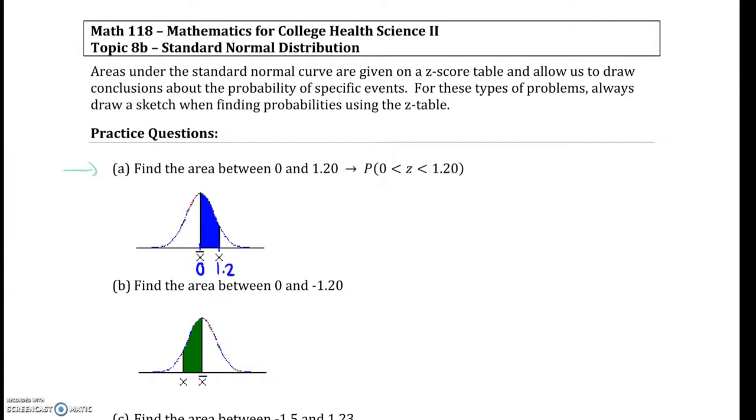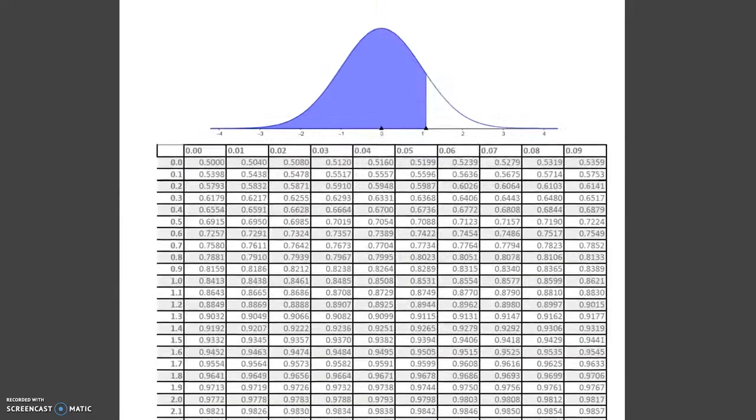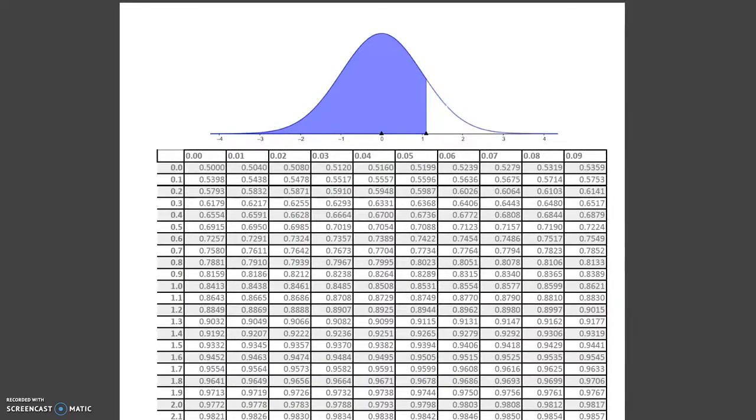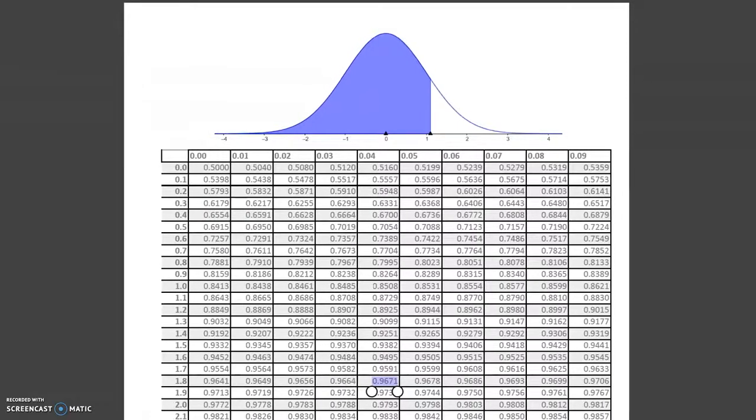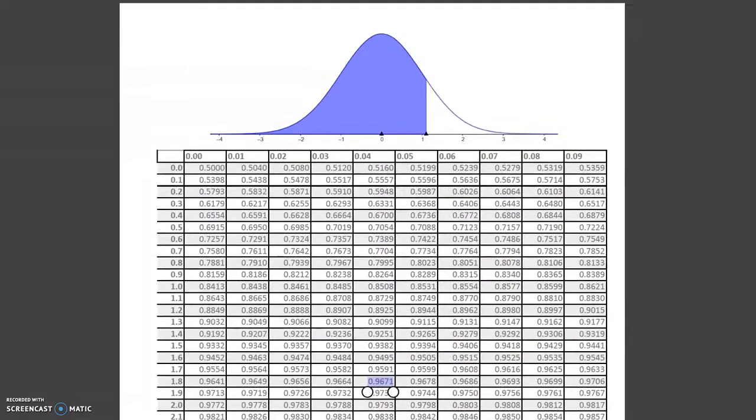So, if we look up on our chart, again, positive Z values are on the second page. We see that a Z value of 1.2 has a value of 0.8849 associated with it.